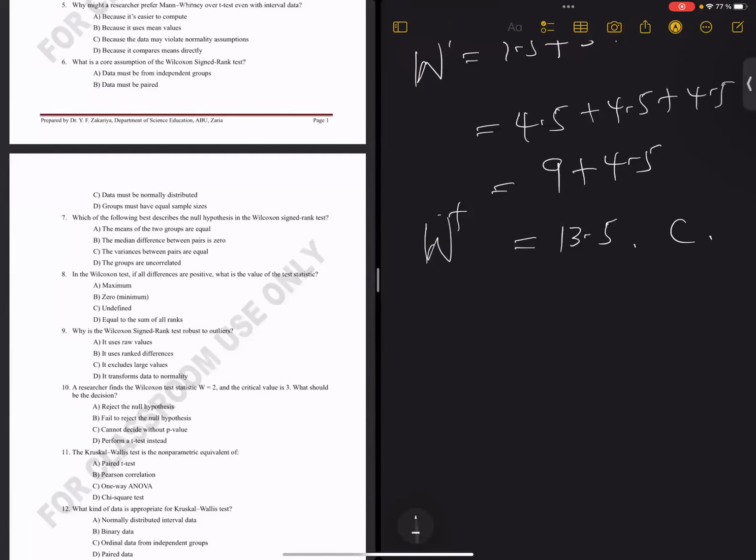But the median difference between pairs is 0. The variance, so I will go for the median. You know? Wilcoxon and Whitney, they either deal with the median or the ranks. So the option is what? Is B. Take note of that.